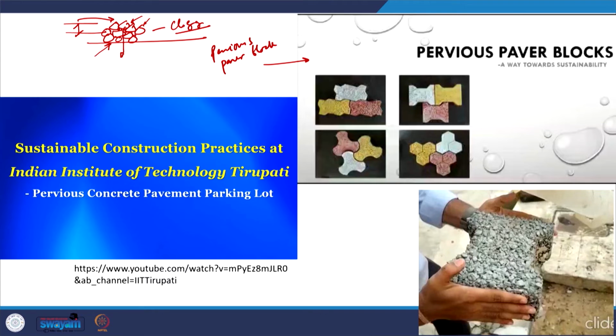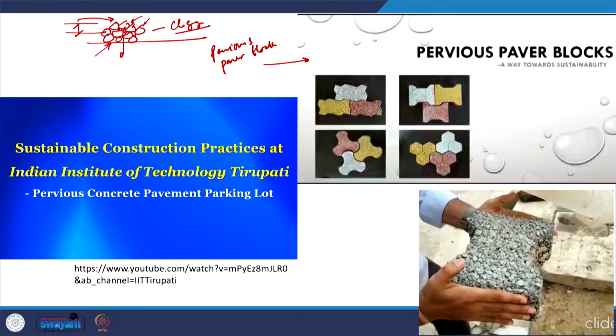Moreover, since this is fabricated in the laboratory, it is a precast block. So, you have more control over the curing and optimizing the strength properties of the mixture. That gives you a positive angle for using pervious paver blocks.